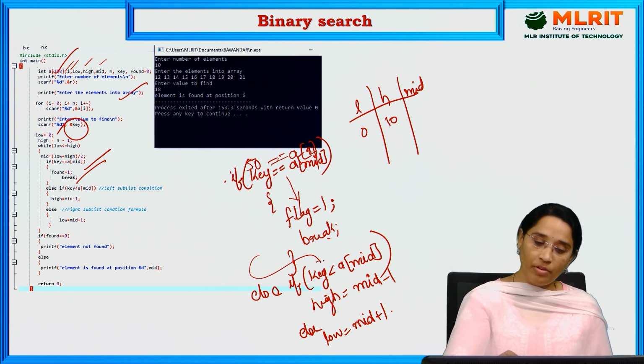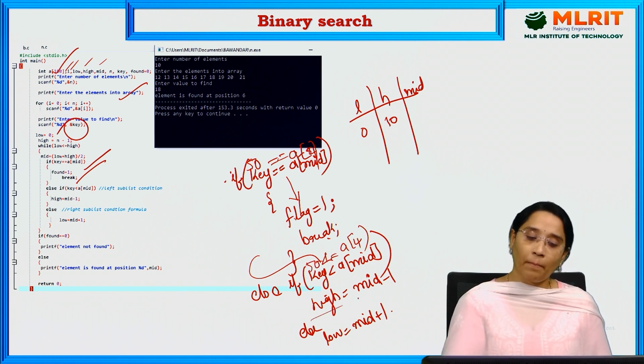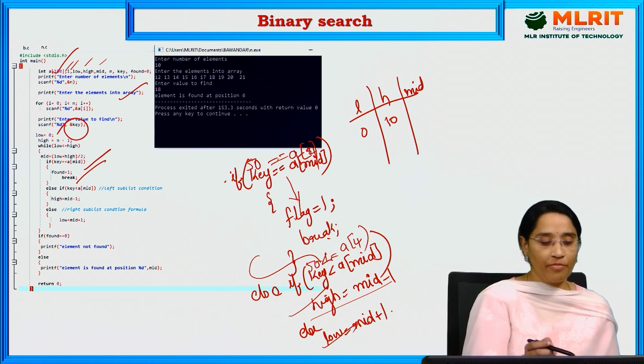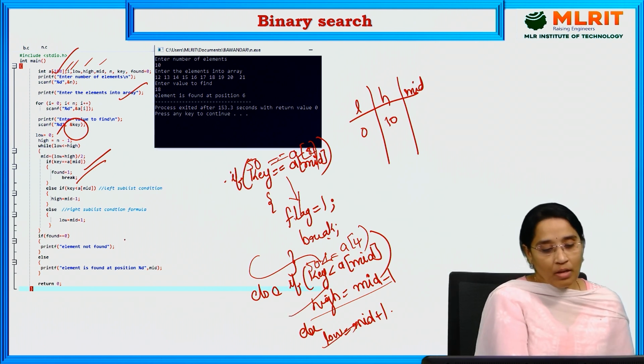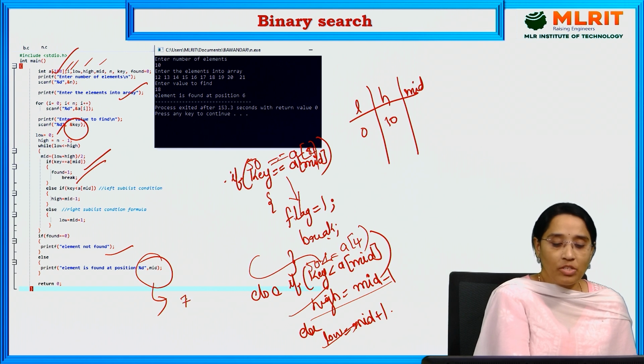Else if, you will check whether key 50 is less than a[4]. Either this case will execute or that one will. And if flag equals 0, element not found, else printf element found at position %d. In the previous case, we got element found at the mid position 7.